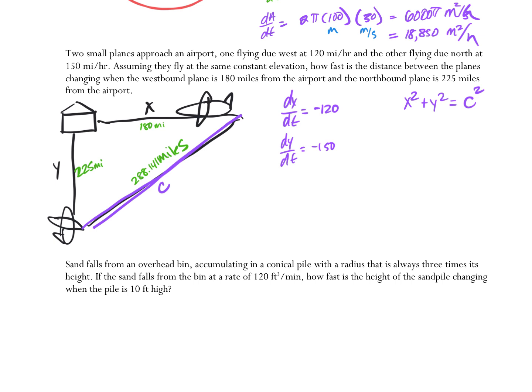Okay. All right. So, to find dc/dt, we're going to take the derivative with respect to time. So, 2x dx/dt. What I'm saying is we're taking the derivative of the entire equation with respect to time. Why? Because we're trying to find dc/dt, which means we need the derivative of this side.